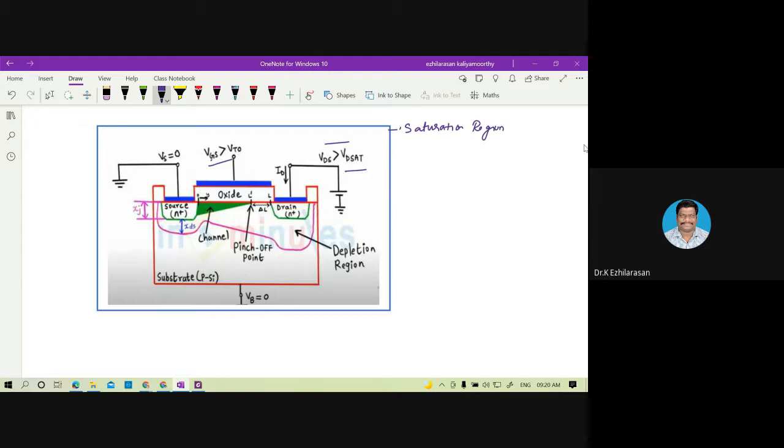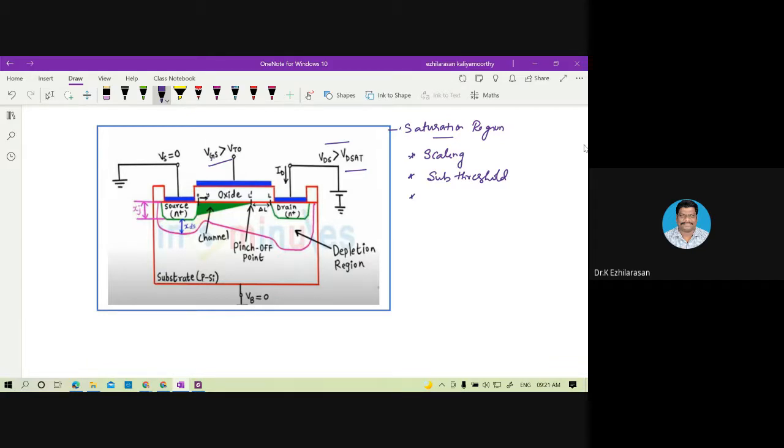You should think about what problems will happen as the length of the channel reduces. In the second order effects, one thing you have to do is scaling. The second thing is the sub threshold, then starting with the punch through.